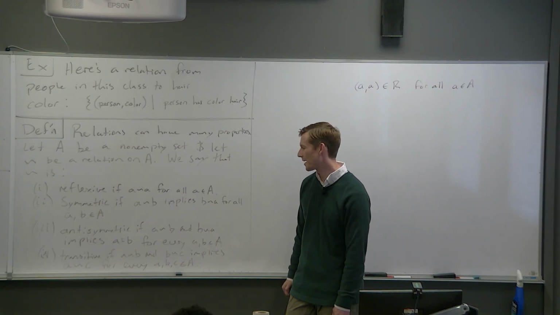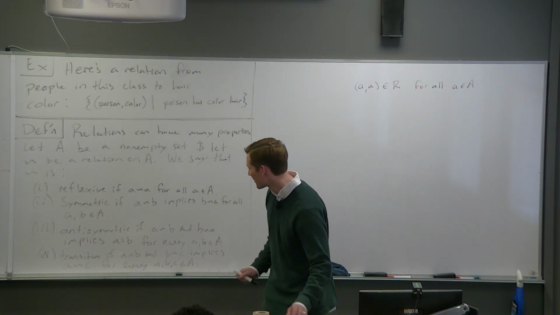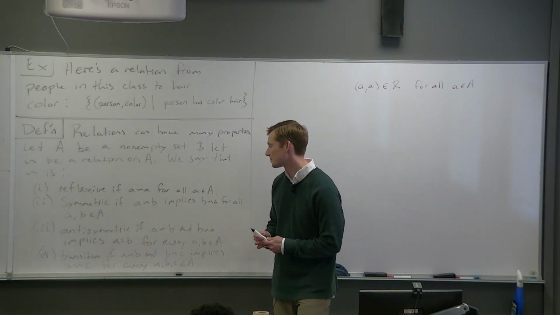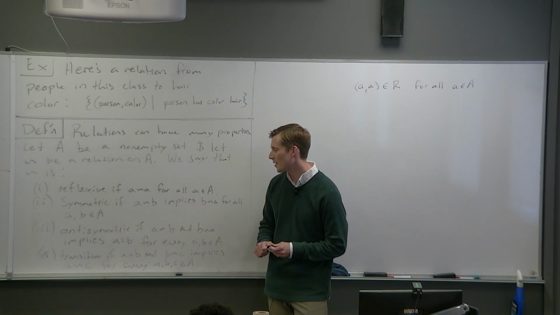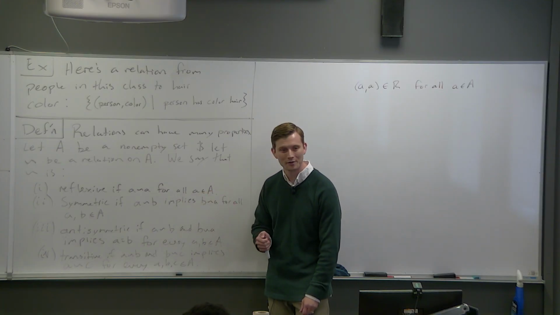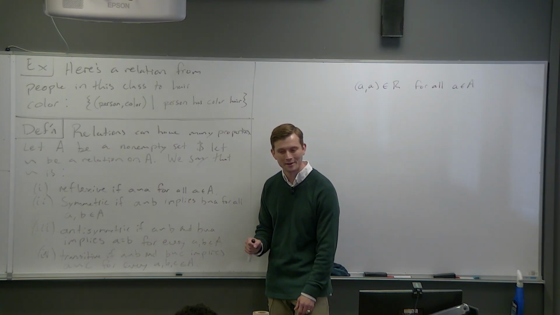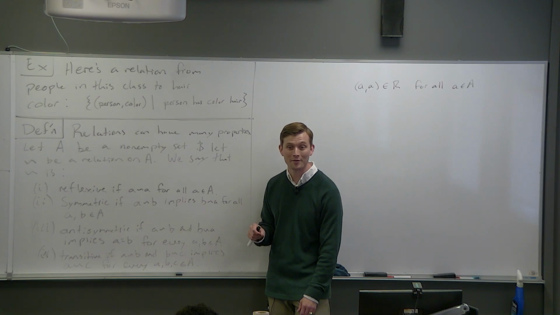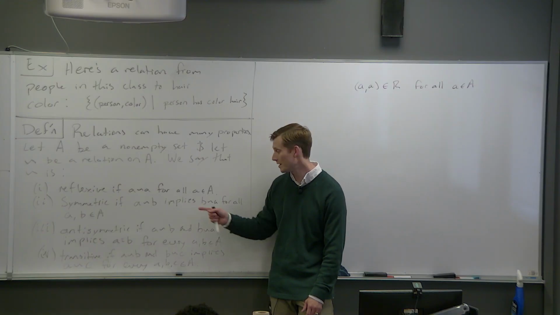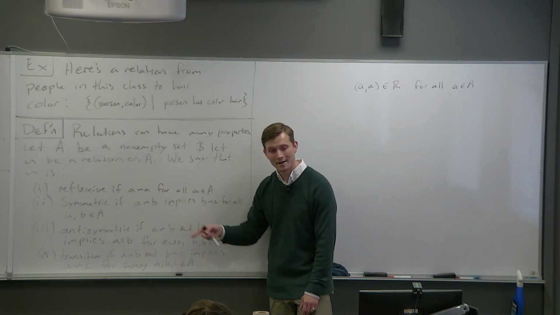Fun to think about. It could be the case that you have an antisymmetric relation which is not reflexive. A great example is the less than sign. It is certainly not reflexive: 5 is not strictly less than 5, and 2 is not strictly less than 2. In fact, nothing has this property.